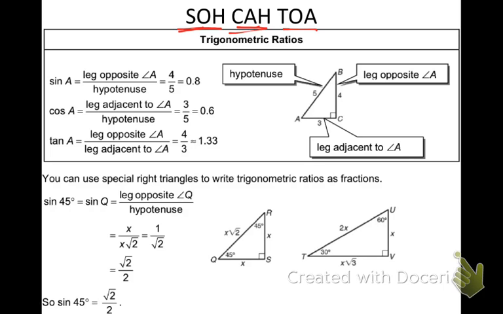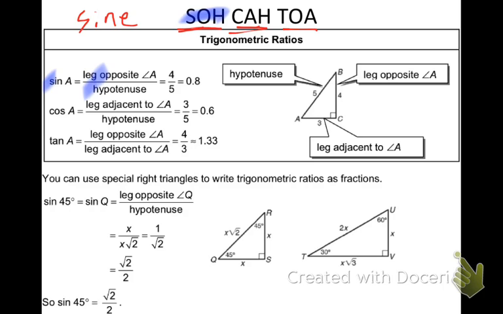Sin is not pronounced "sin." That's actually sine, spelled like this. Sine is represented as the opposite over the hypotenuse. S-O-H, hence why we call it SOH.